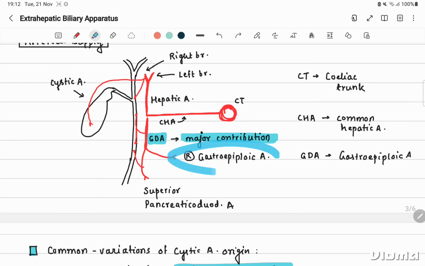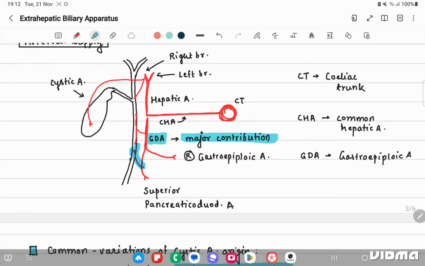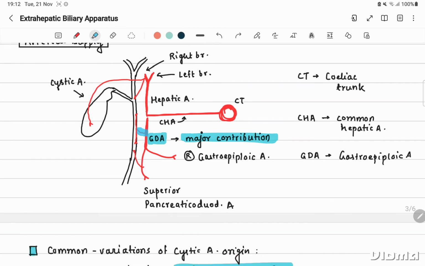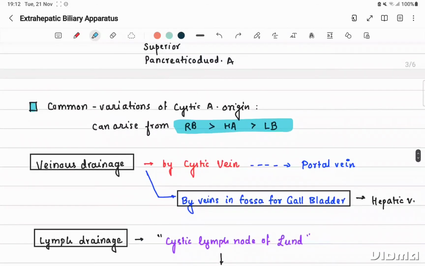The gastroduodenal artery divides into the right gastroepiploic and superior pancreaticoduodenal arteries, and the superior pancreaticoduodenal gives another branch to your common bile duct. The gastroduodenal artery also gives other branches to the common bile duct. So these are the contributions to the arterial supply.